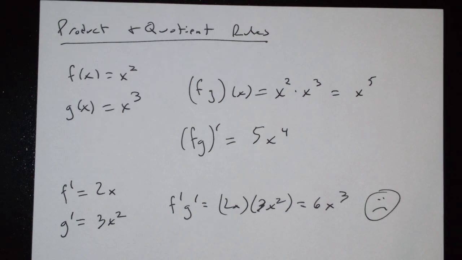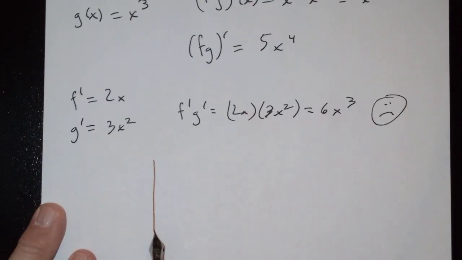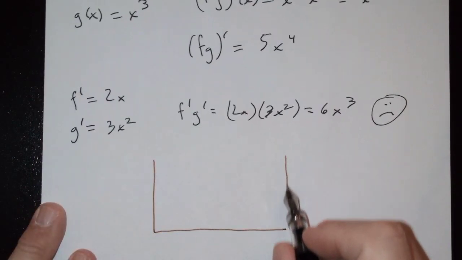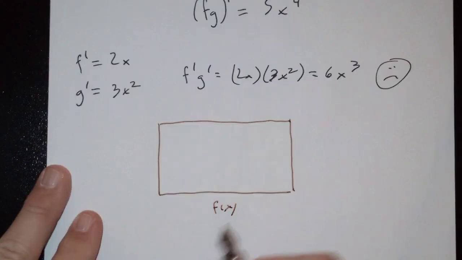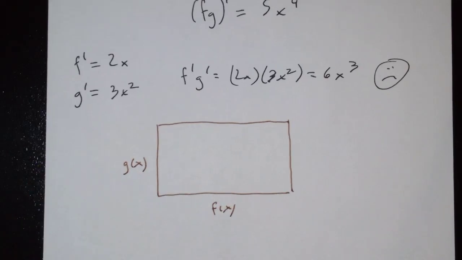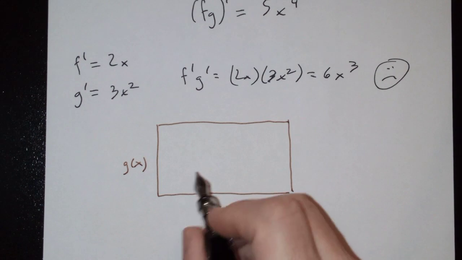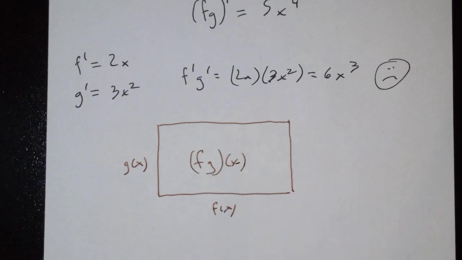So let's consider the image of a rectangle whose length is f of x and whose width is g of x. Well, then the area of this rectangle is fg.